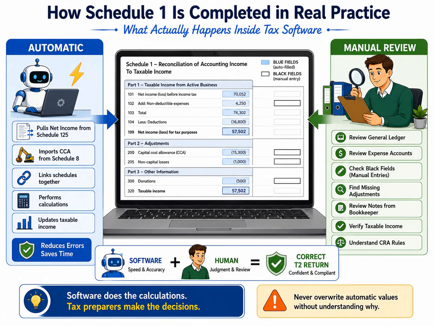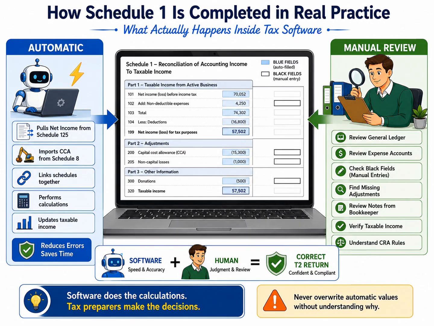In today's tax preparation environment, completing Schedule 1 is a combination of automation and professional judgment. Understanding the difference between these 2 is one of the most important skills you'll develop as a tax preparer. Modern tax software performs many tasks automatically.